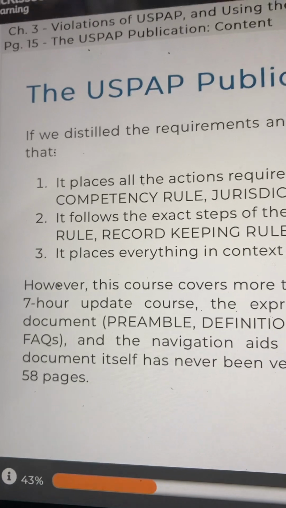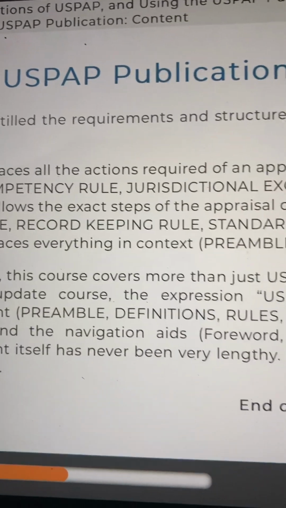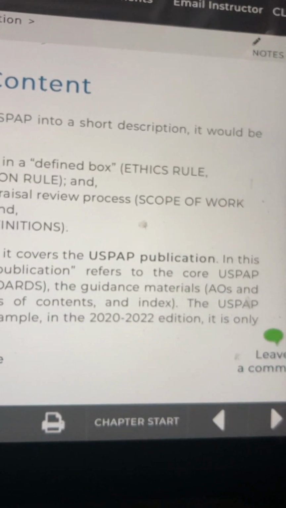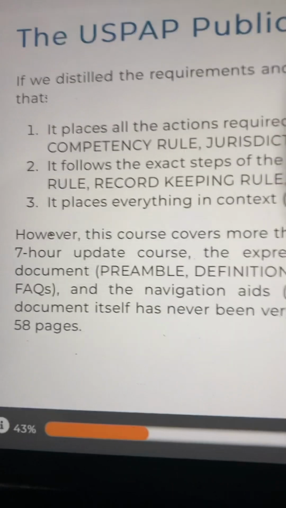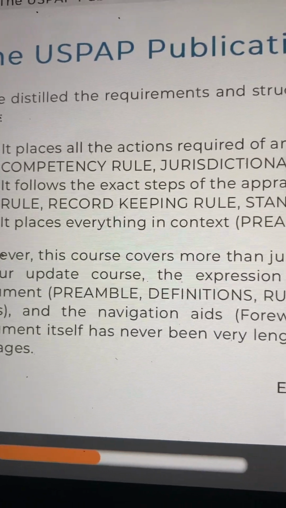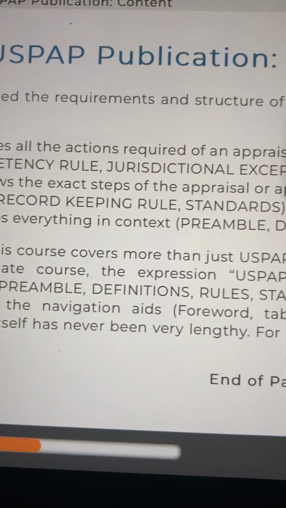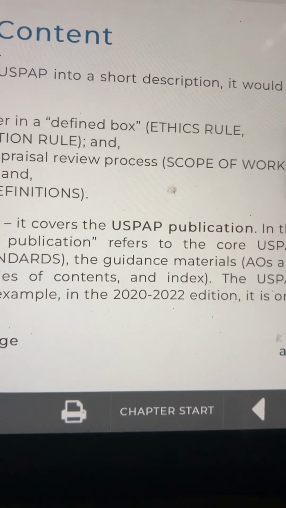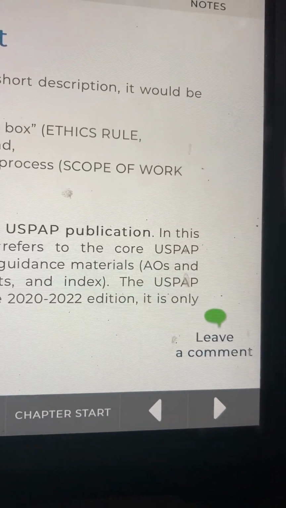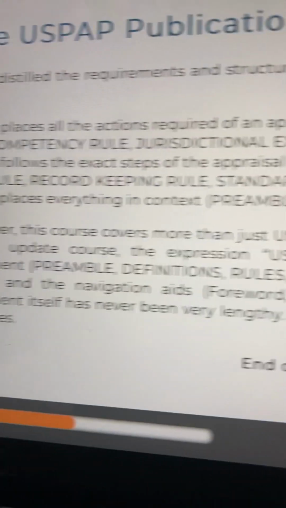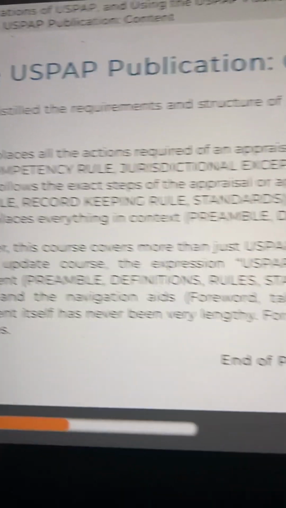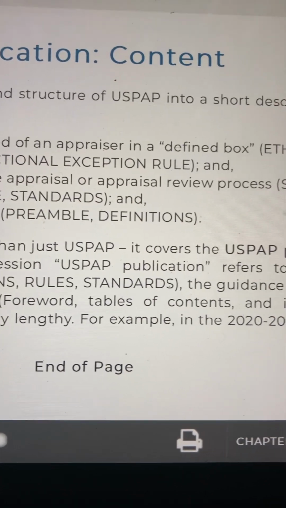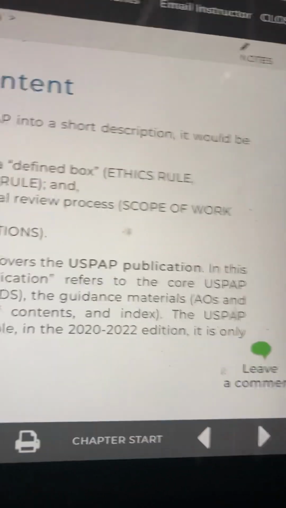In this 7-hour update course, the expression USPAP publication refers to the core USPAP document, the preamble, the definitions, the rules, and the standards; the guidance materials, like for instance, advisory opinions and FAQs; and the navigation aids, for instance, the table of contents and the index.